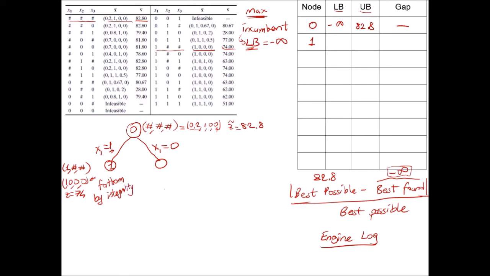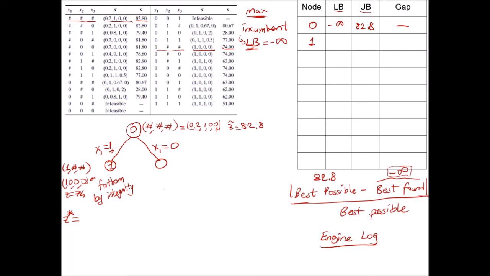Integrality, okay? All variables are integers. And when you fathom a branch by integrality, I need to check my lower bound. I need to check my incumbent solution. So I'm going to represent the incumbent solution by z star. In the previous branch, my z star value was minus infinity because I haven't got any integer solution yet.